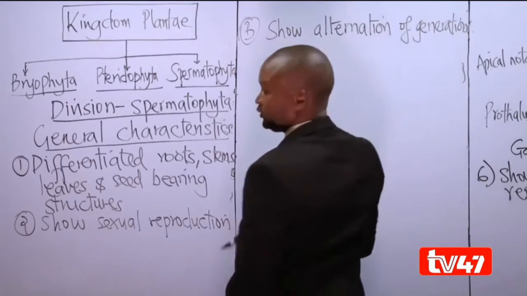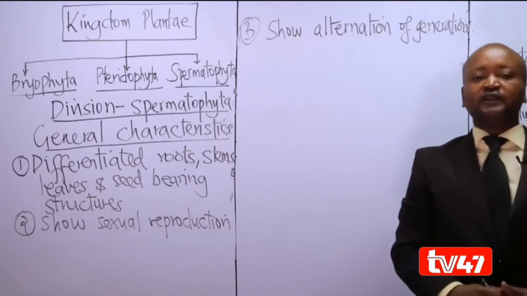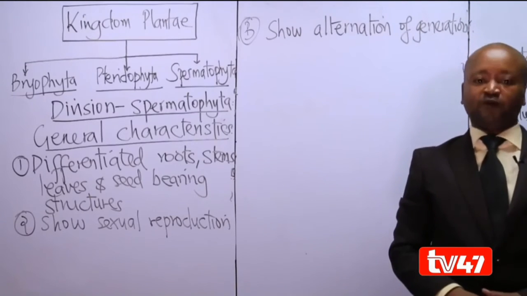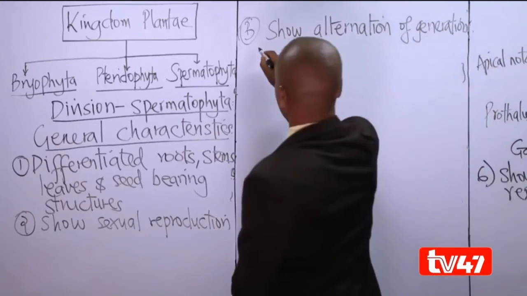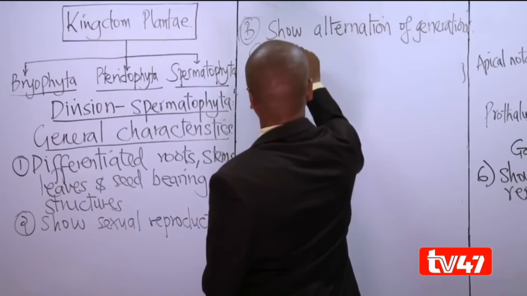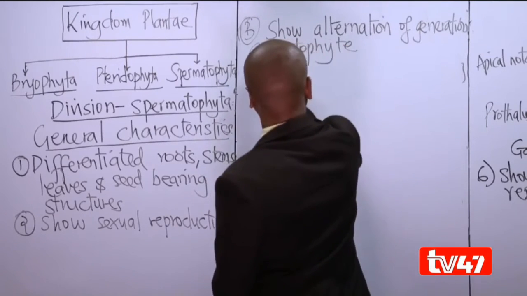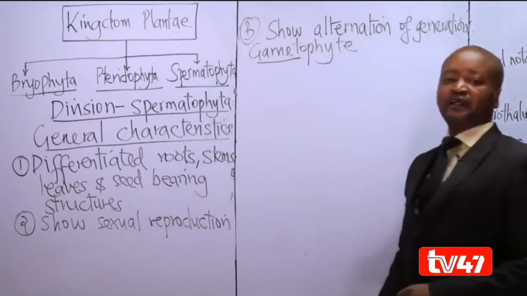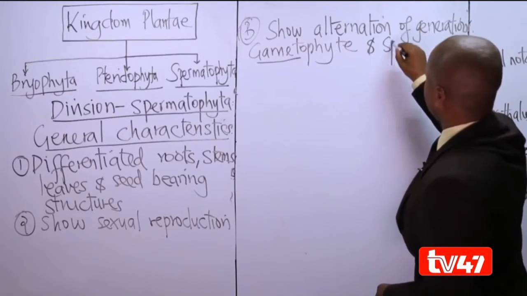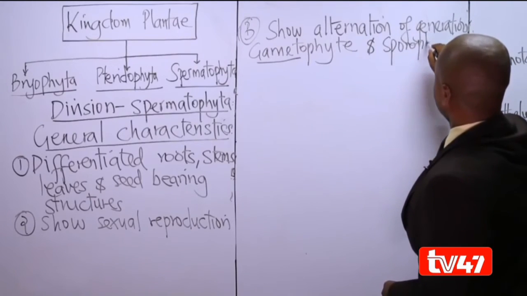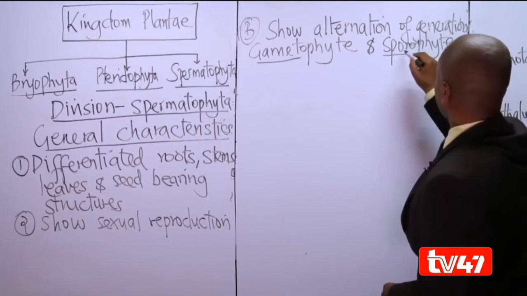Anytime we talk about alternation of generations, we must talk about the gametophyte and the sporophyte. So there are two forms of the plant. Here we have the gametophyte, from the word gamete, meaning it has the gametes, and then we have the sporophyte, which comes from the word spores, so it produces spores.